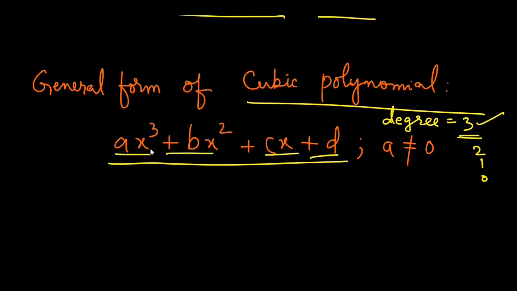Here the coefficient of x cube, a, should not be 0. If a is 0, ax cube term will not exist. Then that will not become a cubic polynomial.